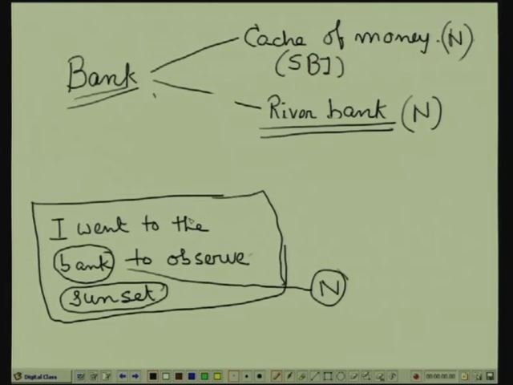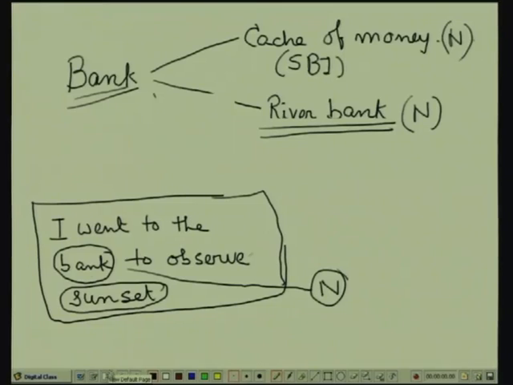Now, one artificial intelligence, one knowledge representation structure that we have already learnt comes in very handy over here, that is the semantic net. The semantic net represents the meaning. So, if in our knowledge base we have got the semantic net, in that case we can handle this sort of situations.